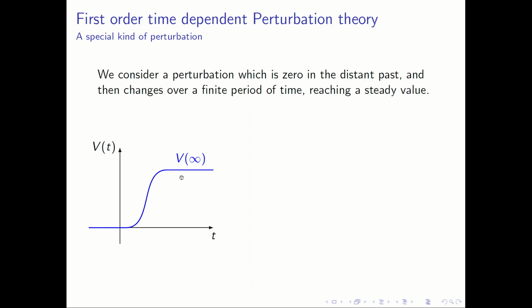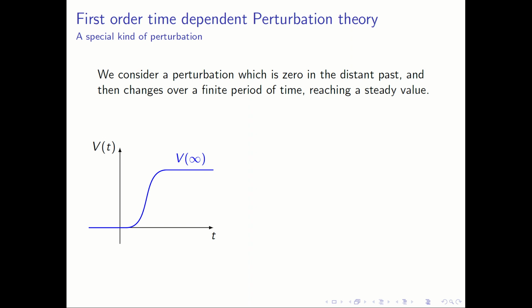So what has really happened is that your Hamiltonian H0 changes to another time independent Hamiltonian, H0 plus V of infinity, in the distant future. So in the distant past, you have the Hamiltonian H0, as in the previous example. In the distant future, the Hamiltonian describing the system is again time independent. It's H0 plus V of infinity.